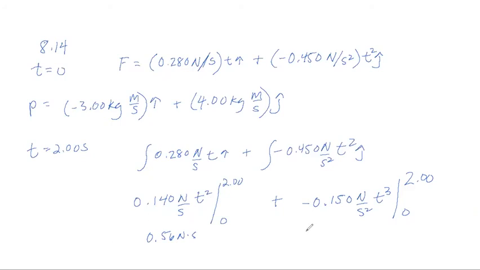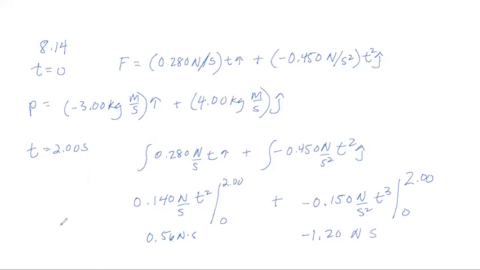And this guy is going to be negative, that'd be 1.5 times t cubed is going to be negative 0.15, negative 1.20 newtons times seconds.